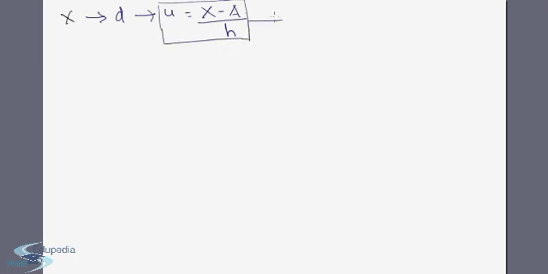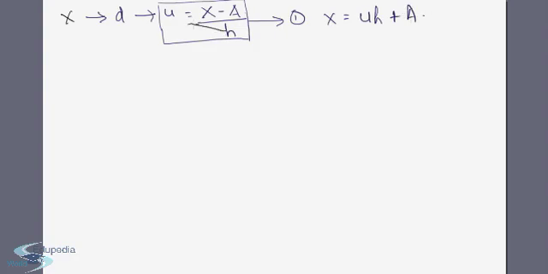This is the standard one we have been using. Let me call this my first equation, and I can write this further as x equals u multiplied by h plus a.